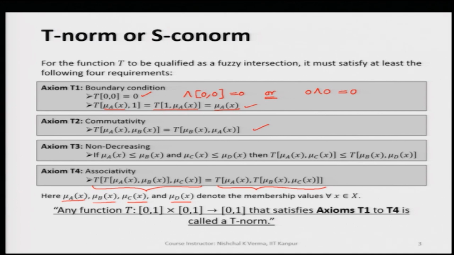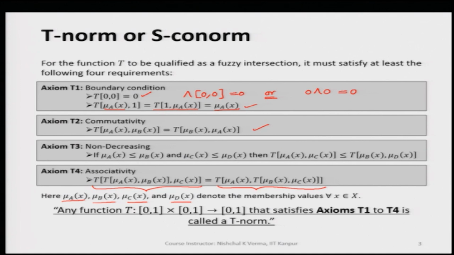D here signifies the membership value with respect to the D fuzzy set. Needless to say, x, the generic variable, is included in all the fuzzy sets we have just seen, and x here belongs to the universe of discourse.